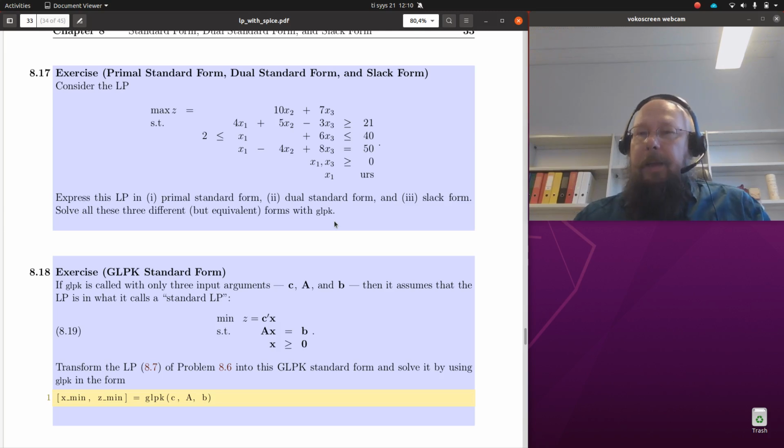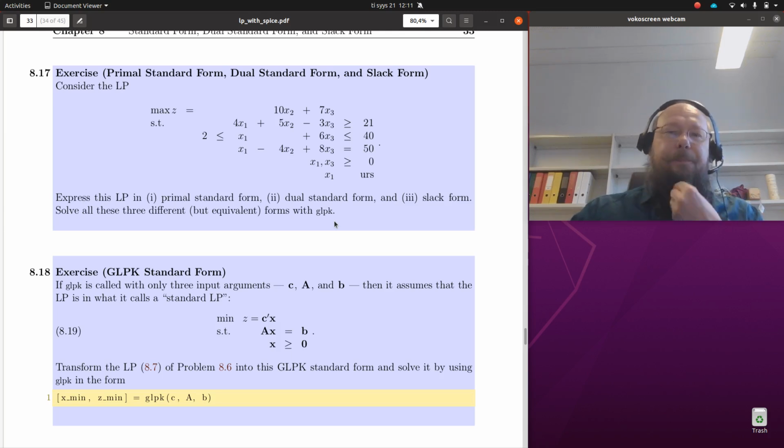All right, and then a final exercise of this section is the exercise 8.18, and so now we have had 3 kinds of standard forms. Let's have more. The more the standards, the merrier. So this is what I call, or actually what GLPK calls standard form.